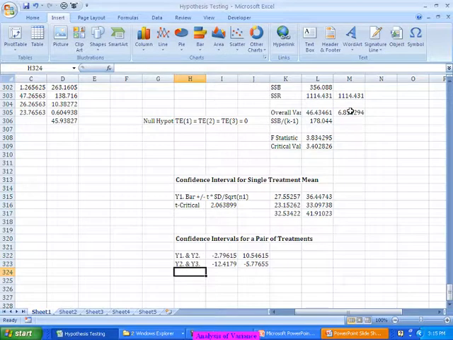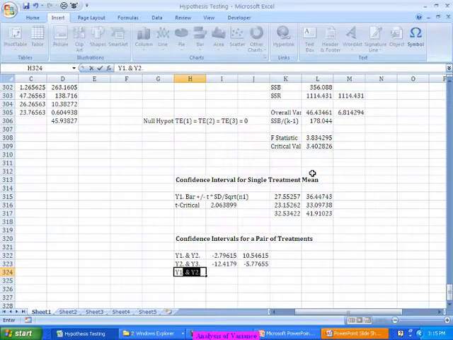So the 95% confidence interval of the differences between y2 dot and y3 dot is minus 12 to minus 5, and 0 is not present in this interval, which means definitely y2 is significantly lesser than y3.